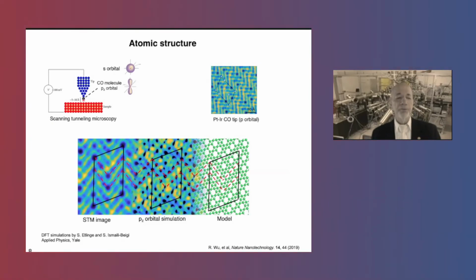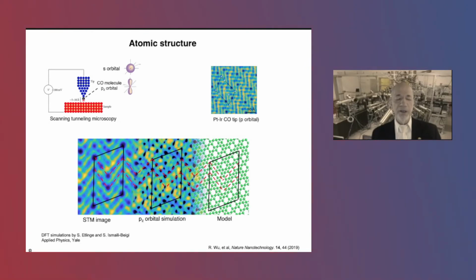And to get the atomic resolution, we attached a CO molecule to the STM tip. And in that case, the pz orbital dominates the tunneling process, and the spatial resolution improves remarkably. Using this technique, we got the atomically resolved images of borophene.